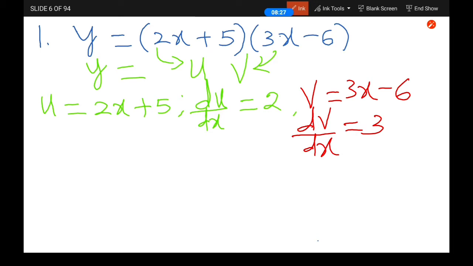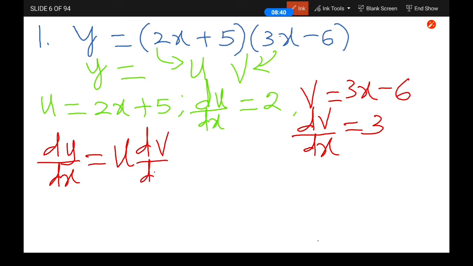Now, the formula for product rule is dy dx equals, you leave u, the first one, you differentiate the second one. We're going to use the sharp way without writing all this formula. Then you sum it with, differentiate the first one, then you leave the second one constant.